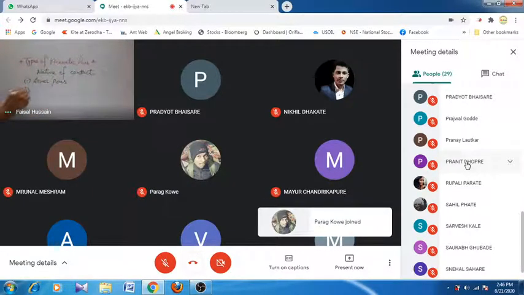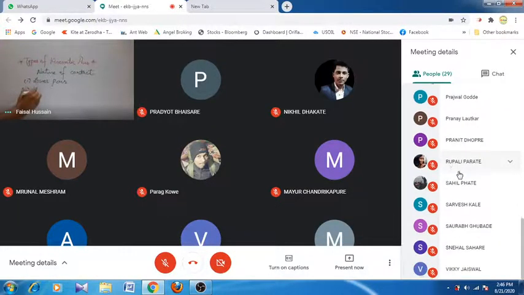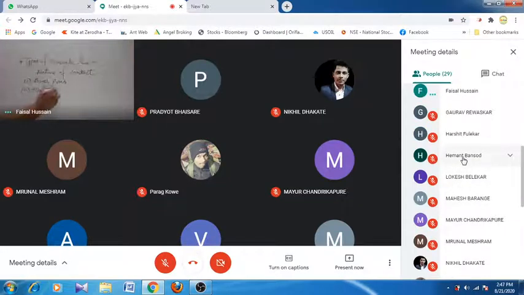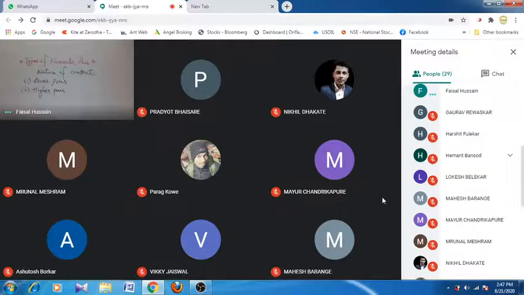One is lower and another one is higher pair. These are the two pairs, lower pair, higher pair. Now lower pair and higher pair come under the category of nature of contact. Nature of contact means what?